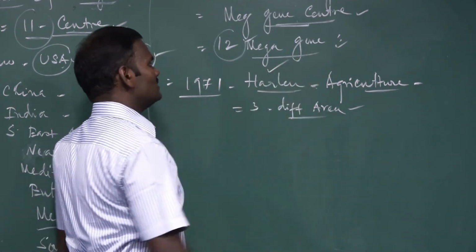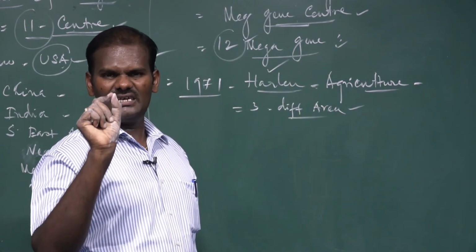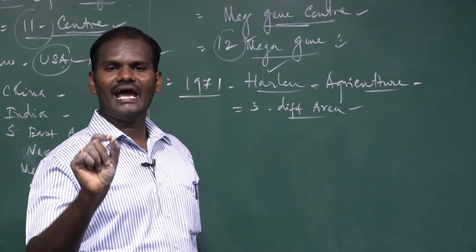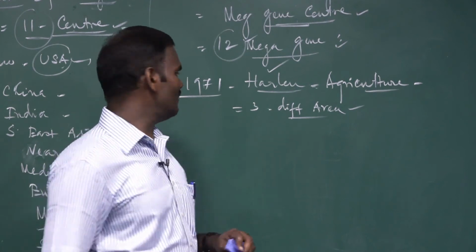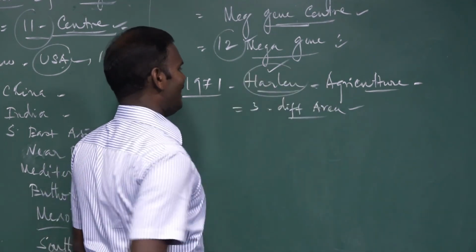According to his concept, a single crop species does not have a single center, because three different areas may have developed it.